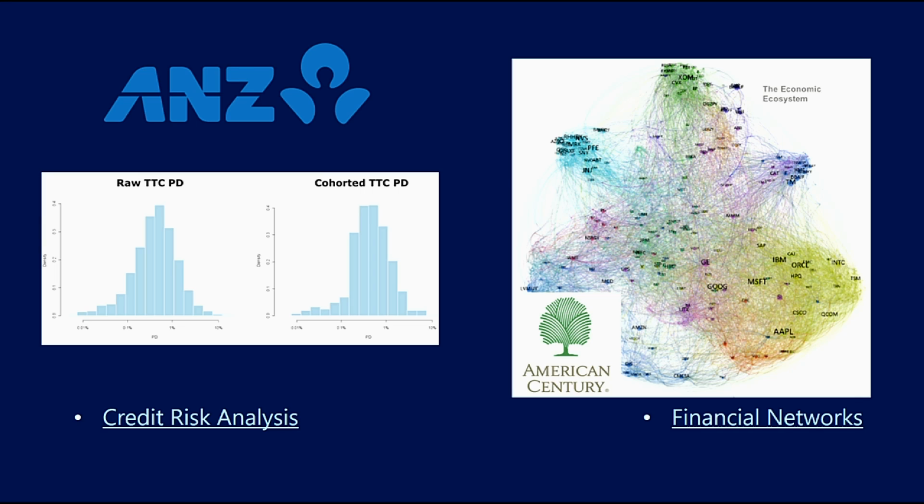The financial industry has gotten much more sophisticated when it comes to using predictive analytics models. On the right-hand side of the screen there is an example that comes from an investment bank that's using what we've learned from social networks like Facebook about how people interact with each other, but instead applying it to companies.